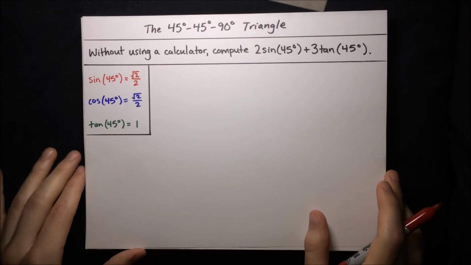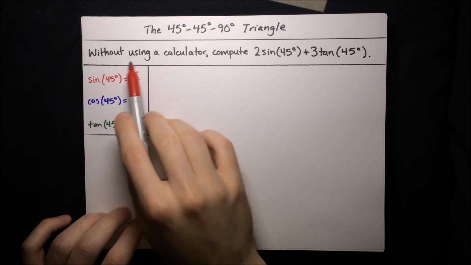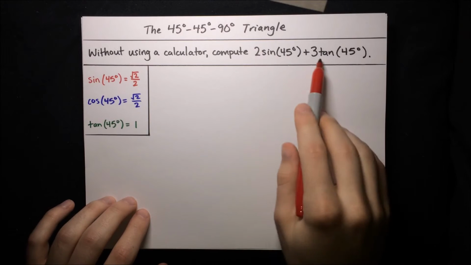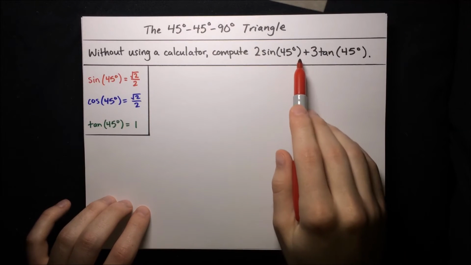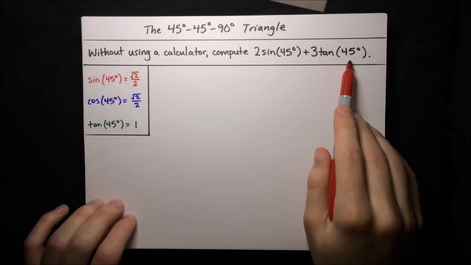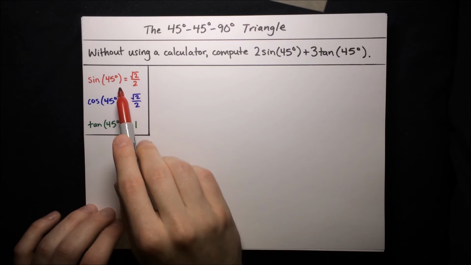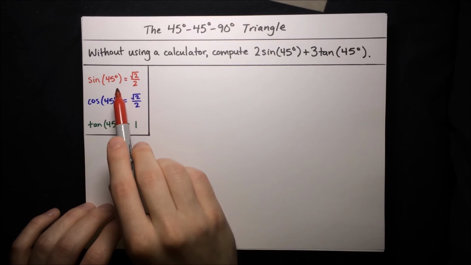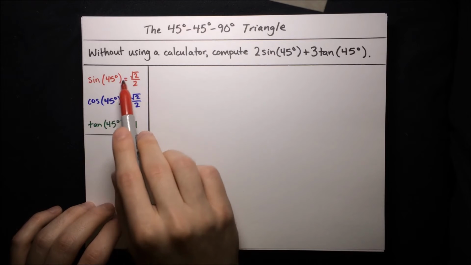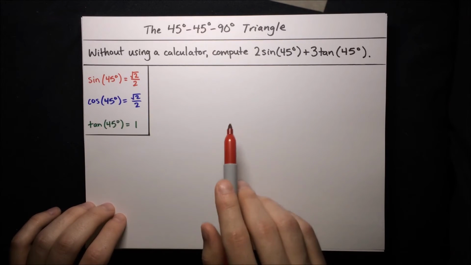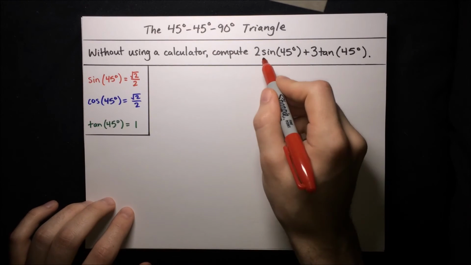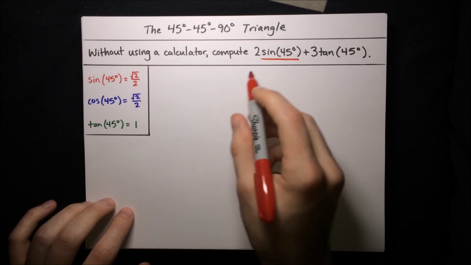Alright, here's an example. So without using a calculator, we want to compute this expression, 2 sine of 45 degrees plus 3 tangent of 45 degrees. And we're going to use our trig ratios that we derived on the previous slide to help us here. So now that we know what these ratios are, we can just plug them into the expression. Sine 45 degrees, we can just plug in root 2 over 2.